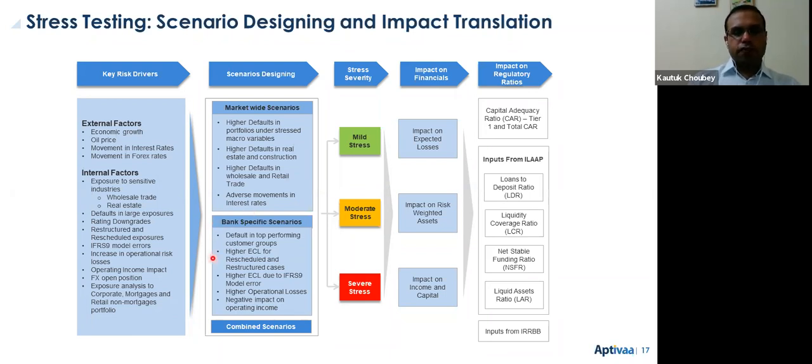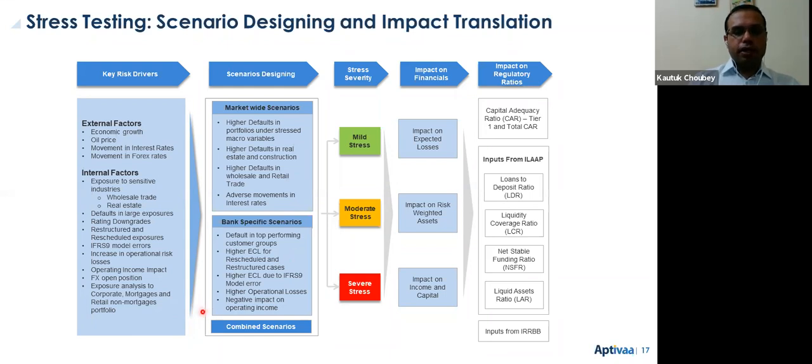Similarly, on bank specific risk, even if the macroeconomic conditions do not change materially, it may well be the case that the bank's exposure into certain top customers or depositors or any particular open positions may negatively impact the bank, which may not be the case for other banks. So this is very bank specific, or in terms of risk, as we say, idiosyncratic in nature.